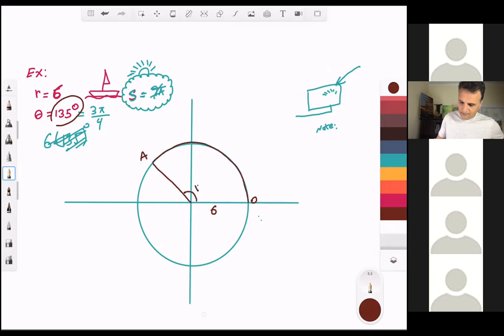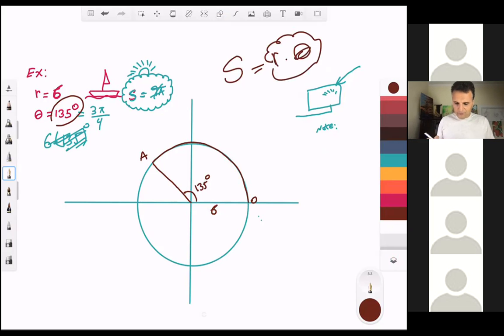This is 135 degrees. And so great, we have a formula, S equals R times theta. But this theta needs to be in radians. So all we need to do is make it radians. 135 degrees equals 3 pi over 4.